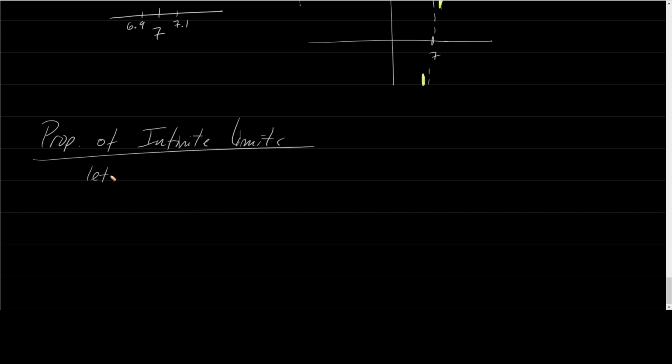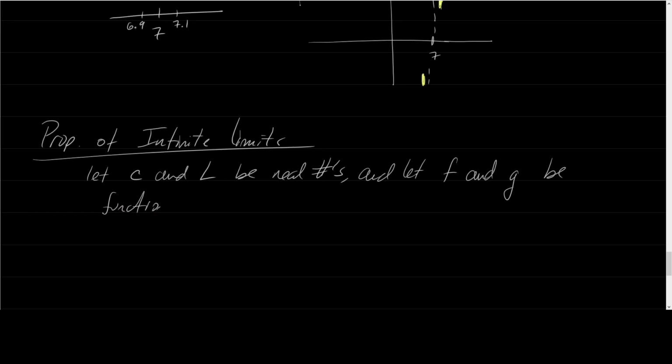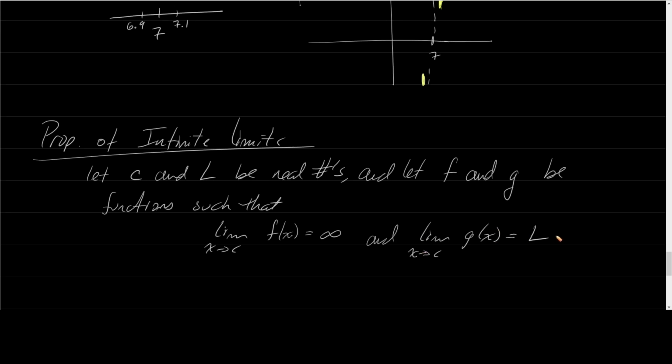Let C and L be real numbers, and let F and G be functions such that the limit as x approaches C of f of x is positive infinity, and the limit as x approaches C of g of x is L.